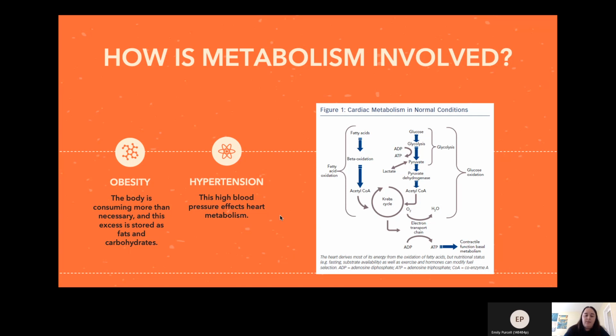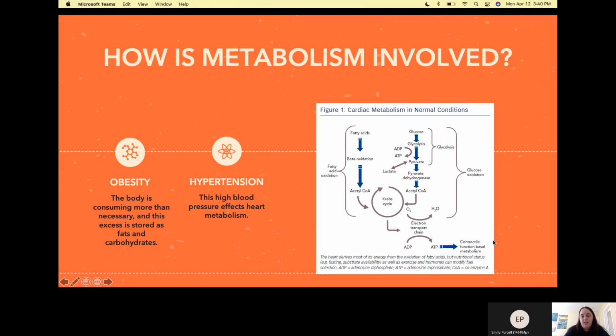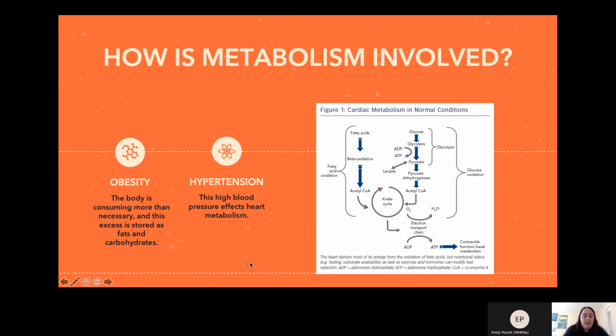So when you don't have a physically active lifestyle, and when you're accumulating all of this glucose and carbohydrates and fats, your body can't keep up with it. It really puts a strain on things like cardiac metabolism, and that's why your heart health can deteriorate more quickly with issues like high blood pressure and obesity and such. So your body really feels the strain from all these things.